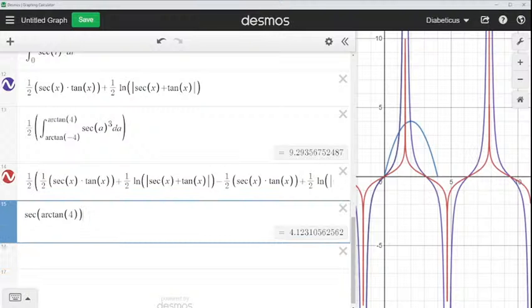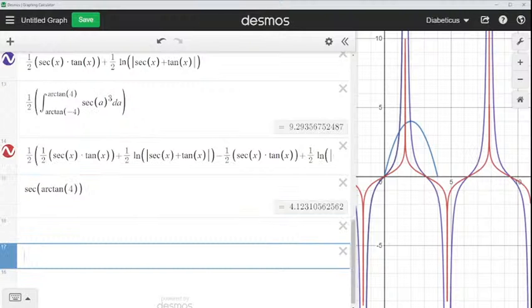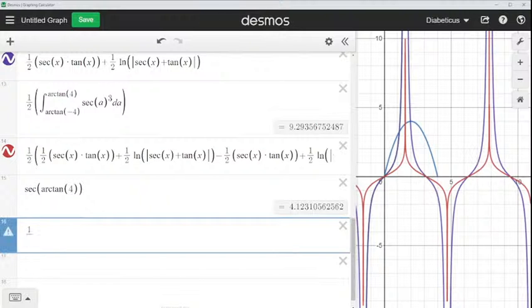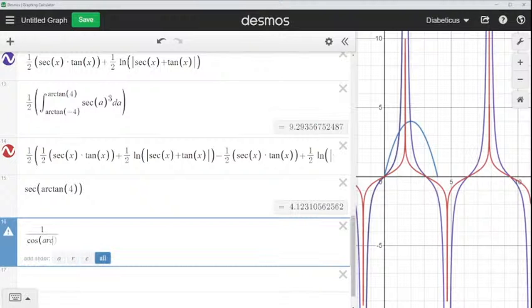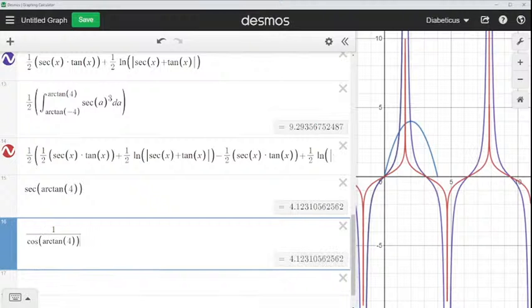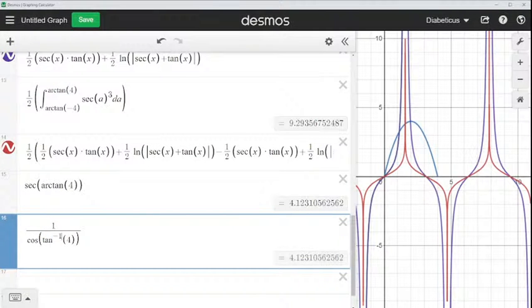Let me solve for these, right? Let me find a number for this. I believe this is also cosine of arctan 4. And this is cosine. Let me change this a bit.